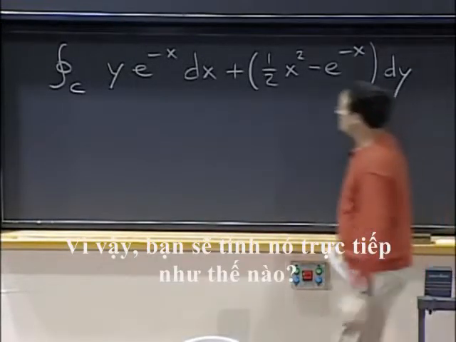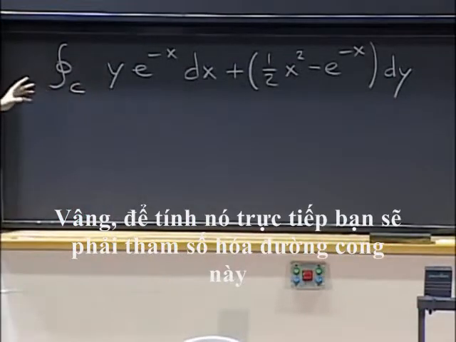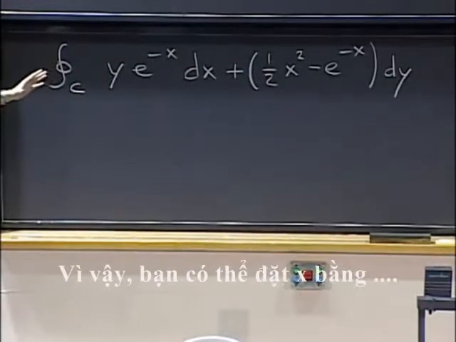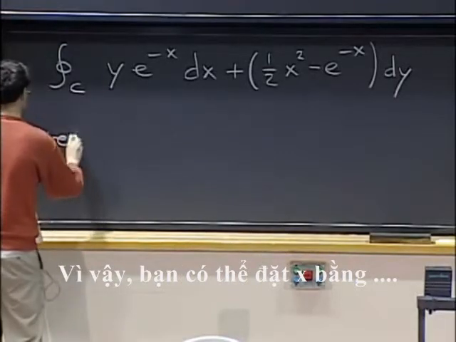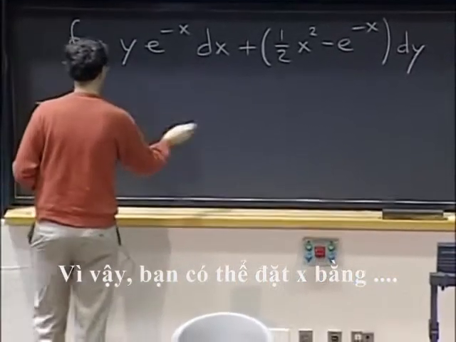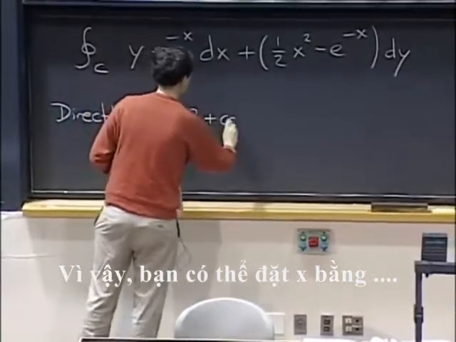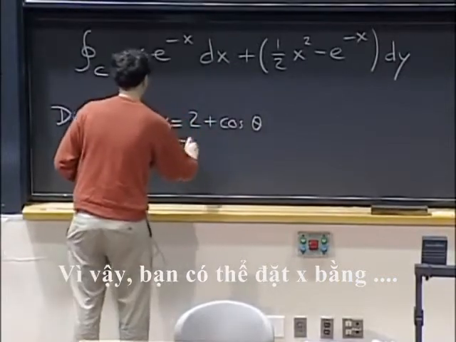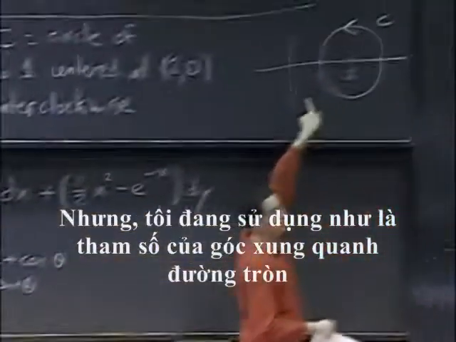So how would you do it directly? Well, to do it directly, you would have to parameterize this curve. So that would probably involve setting x equals 2 plus cosine theta, y equals sine theta. I'm using as parameter the angle around the circle.